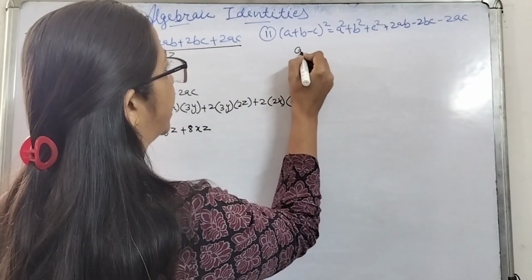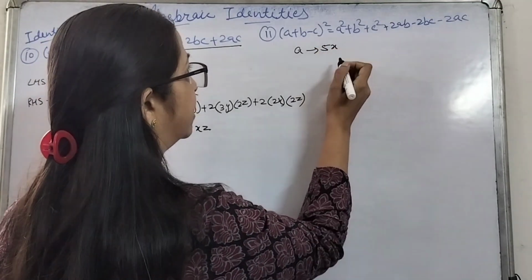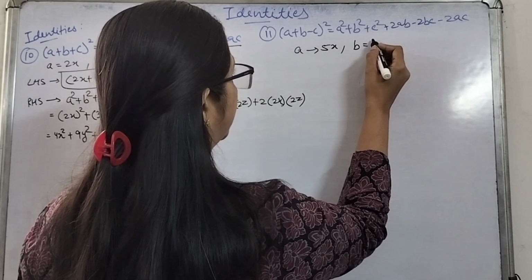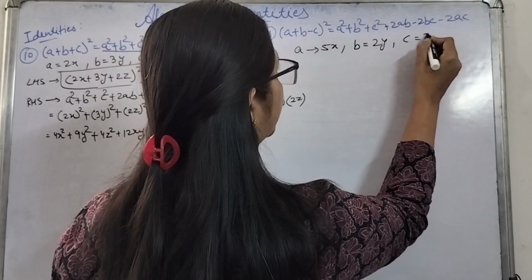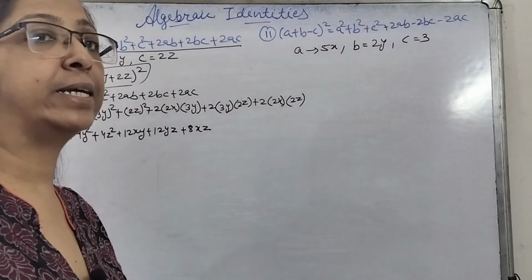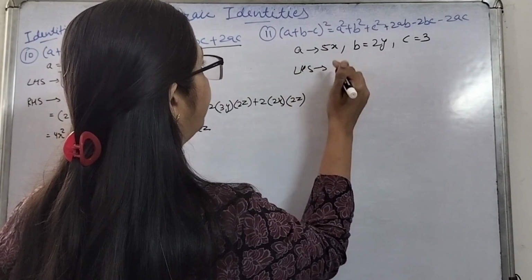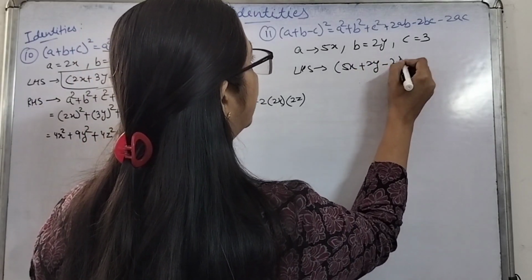Now let's take an example. Suppose we are replacing a by 5x, b by 2y, and c we are taking as only 3, a simple number. So the expression will become (5x + 2y - 3) whole square.